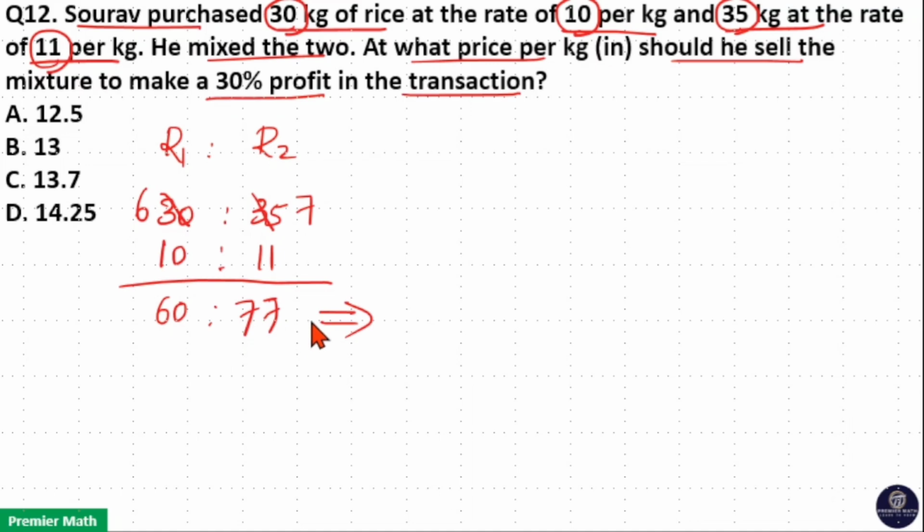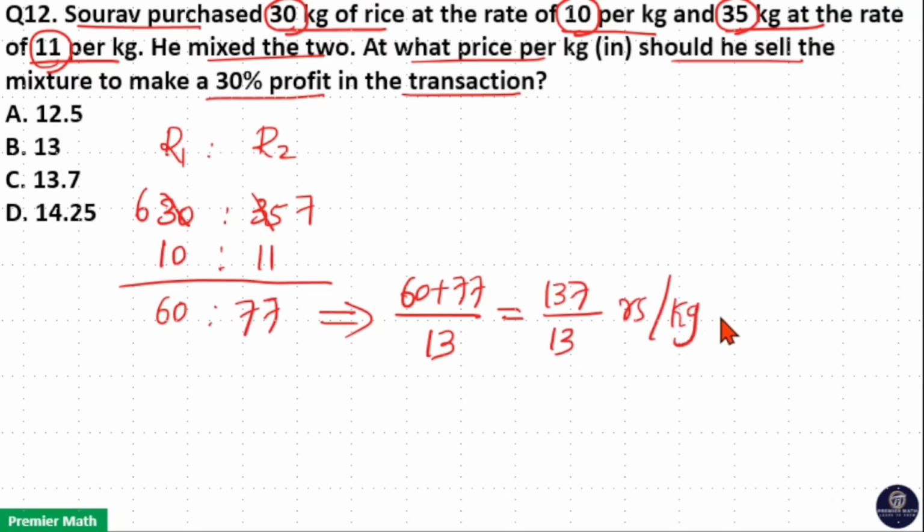Now the total price of the new mixture will become 60 plus 77, divided by the total weight parts, 6 plus 7, 13. Now this will become 137 by 13 rupees per kilogram for the new mixture. This is the cost price of the new mixture.